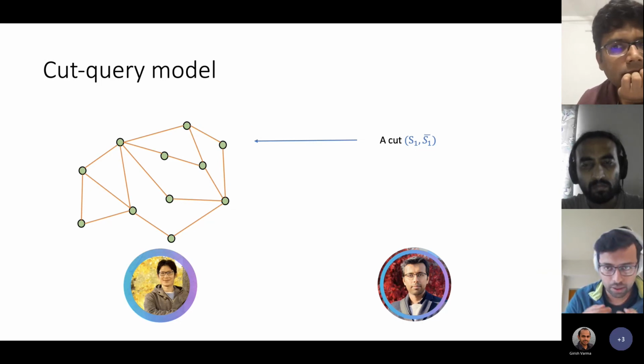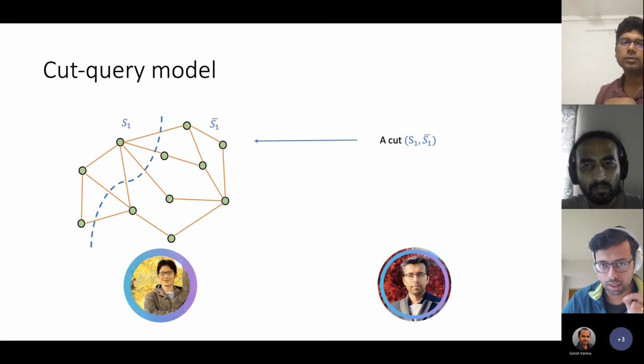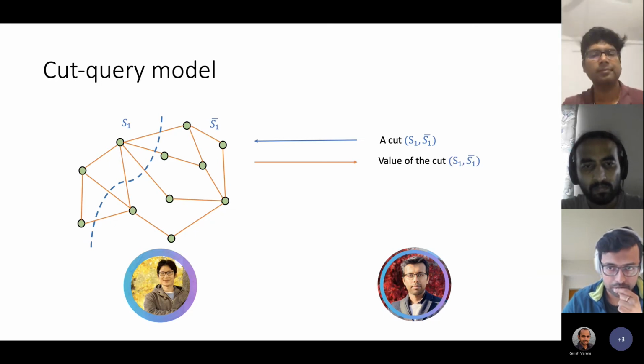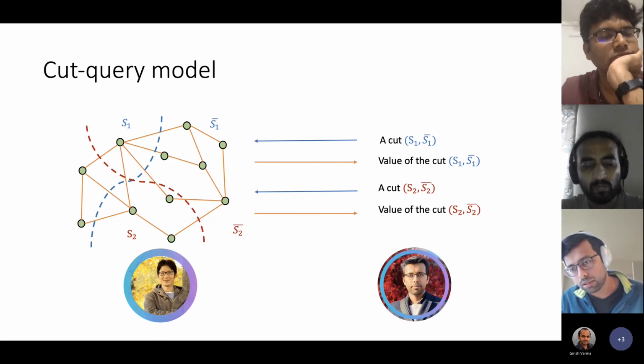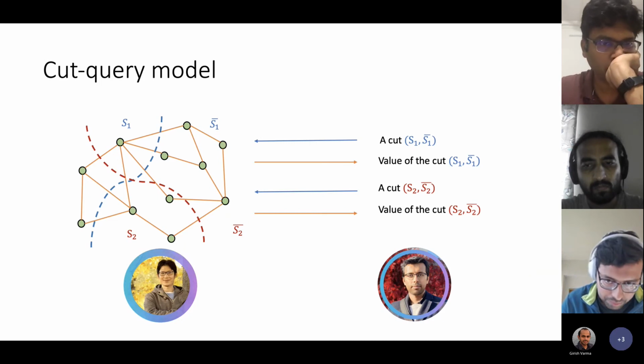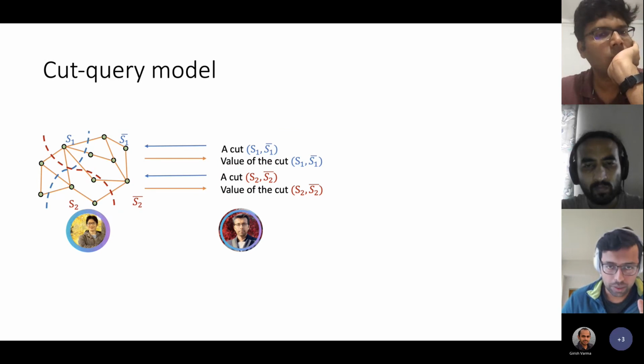The querier provides the oracle with a cut, here a cut S1 and S1 complement, and the oracle gives you the value of the cut. Depending on what the querier gets, the querier issues a second cut and the oracle gives a value, and so on and so forth. So this is the cut query model.